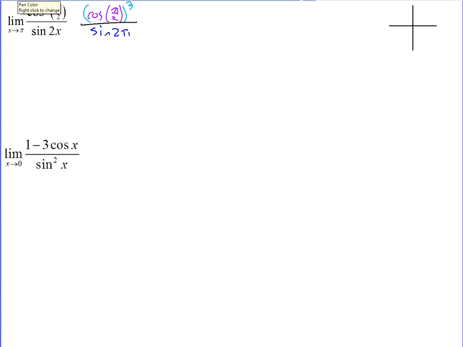So pi over 2 is right here. And remember cosine is the x-coordinate, which is 0. So 0 cubed just gives you 0. And then the sine of 2 pi, again 2 pi is the same place as 0. Sine is the y-coordinate there, so that's 0. So you do get 0 over 0, and again this is one with the trig functions where you have to use L'Hopital's rule.